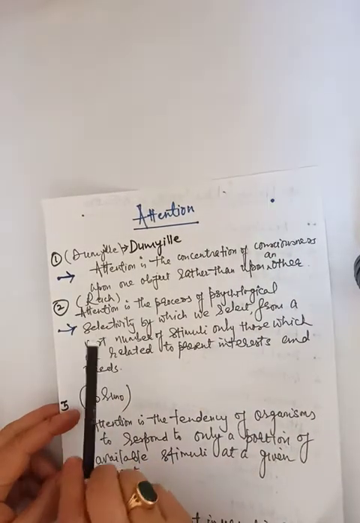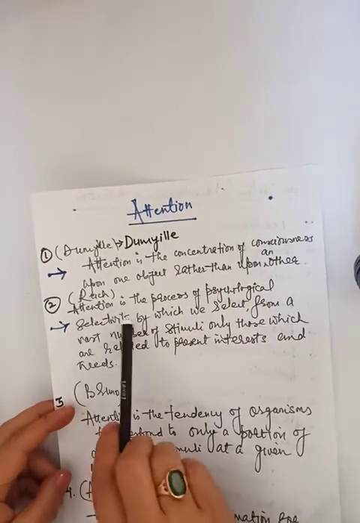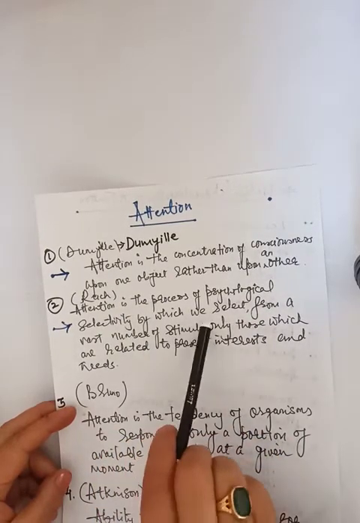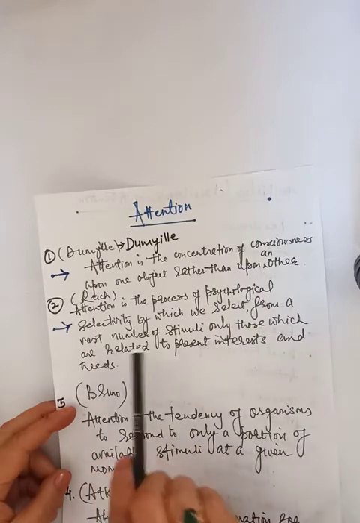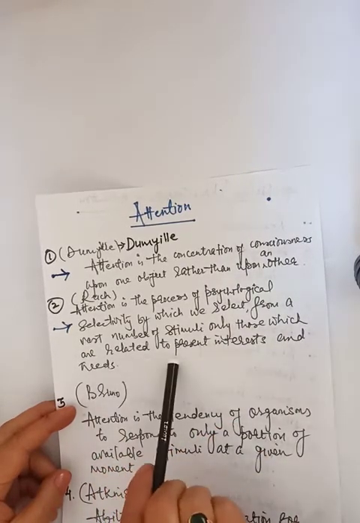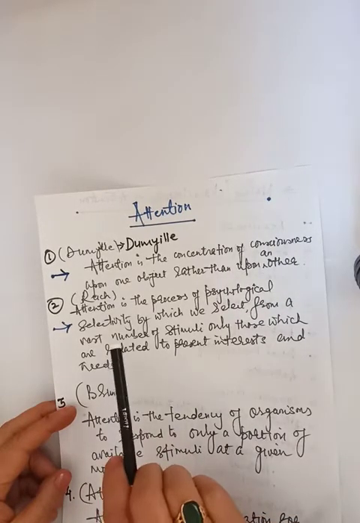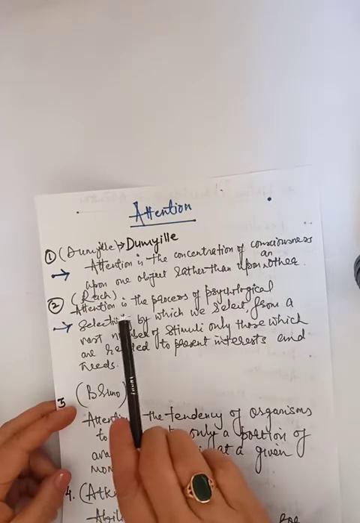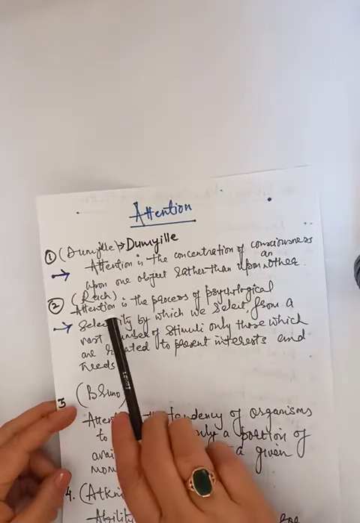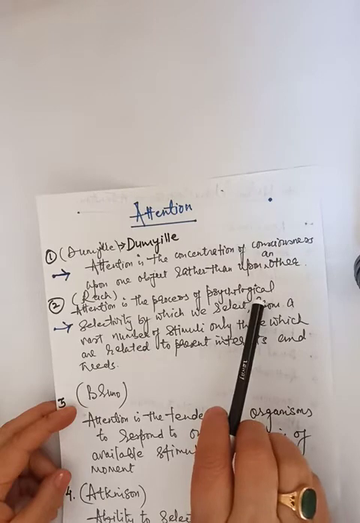Then the second definition is by Rach: Attention is the process of psychological selectivity by which we select from a vast number of stimuli only those which are related to present interests and needs. So, according to Rach, attention is the process of psychological selectivity. Through this process of attention, we select psychologically.